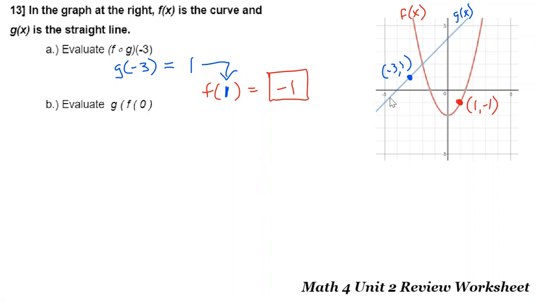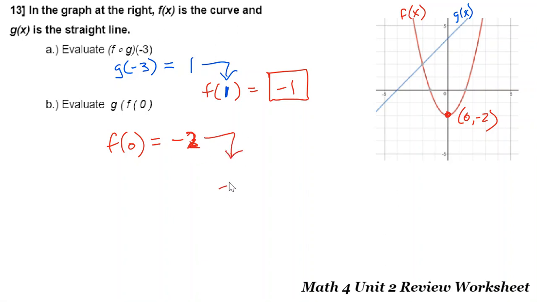Now, I'm going to clear those two because we have 2 problems here and we kind of need a clear playing field for the other one. So we're going to figure out what is f of 0. So on the f curve, when x is 0, it is right there, which is 0, -2. I just can't draw a 2 today, can I? All right, and then we're going to say -2.